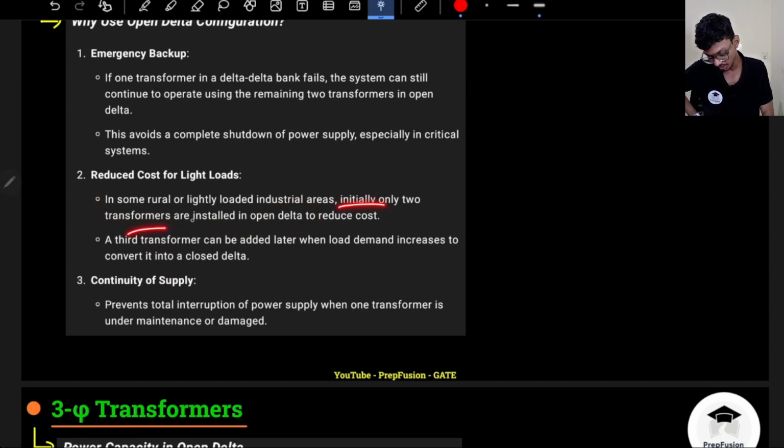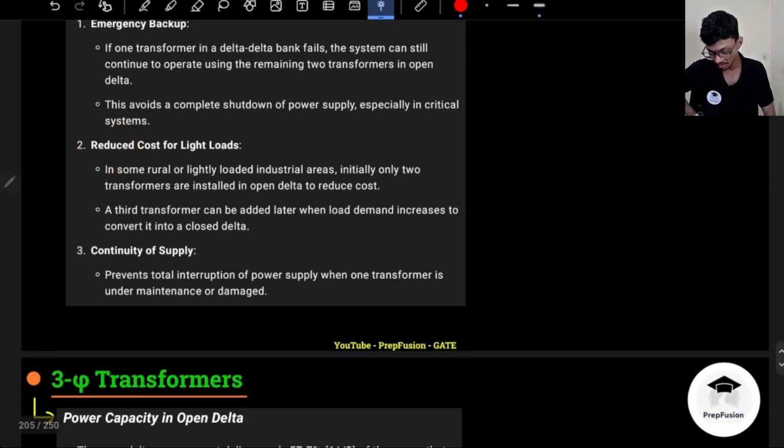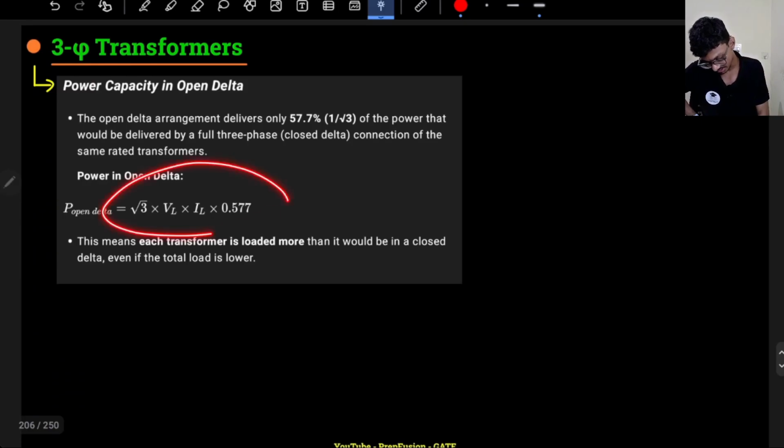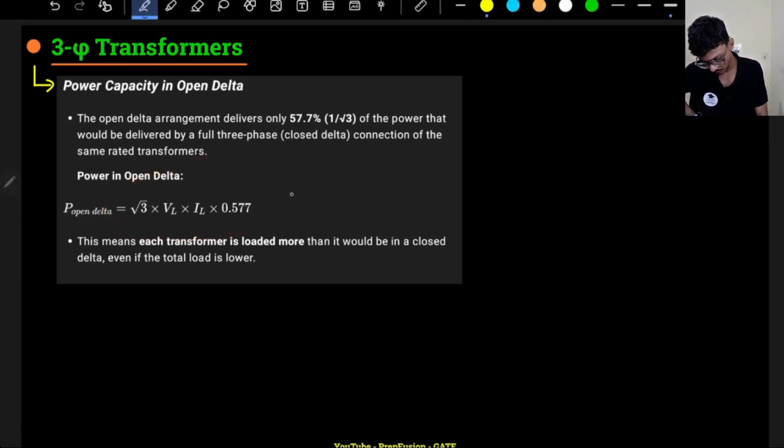Initially only 2 transformers are installed, then as demand increases I install the third transformer, so the initial cost is reduced. Continuity of supply, as discussed here as well. Power capacity, already discussed, will be 57.7% of the three phase transformer, or simply the delta delta transformer.